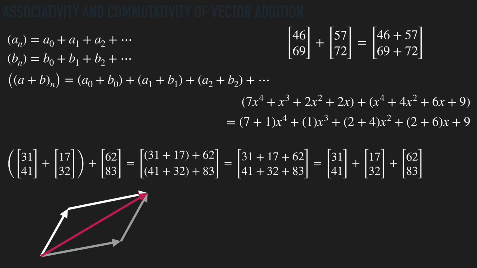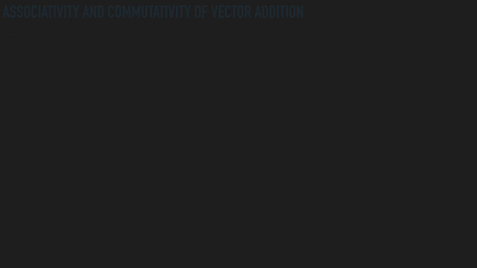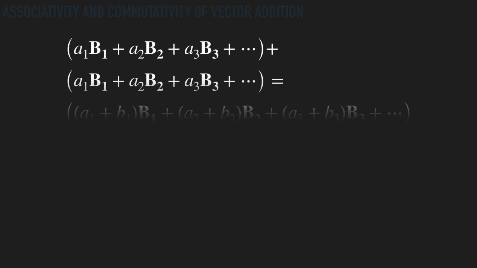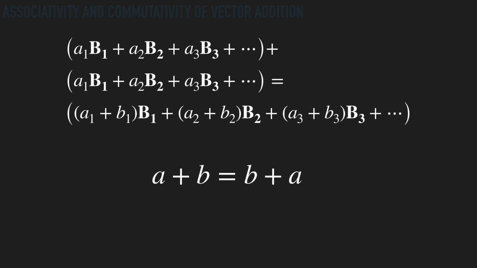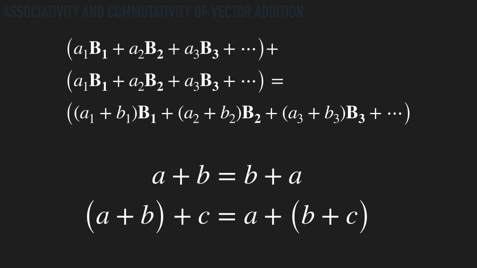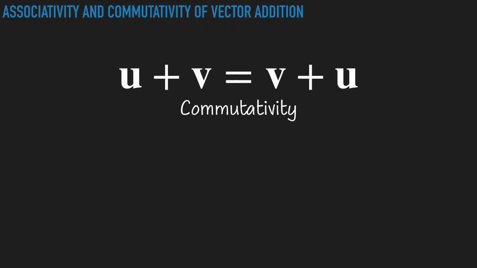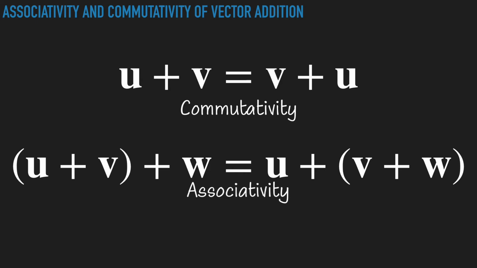More generally, adding vectors comes down to adding the individual components and the normal addition of reals, which is very well known to be commutative and associative. The commutativity and associativity of vector addition are two of the aforementioned axioms.